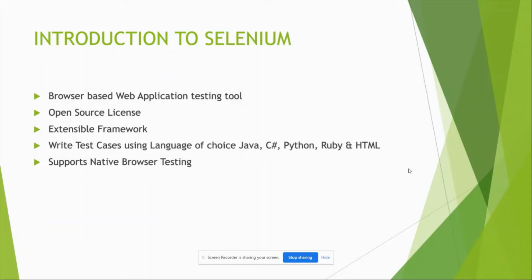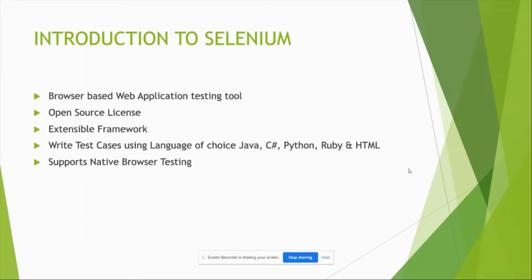So Selenium is open source. It has an open source license, which means it is freeware. It is available on the internet. Anyone can download it, install it, and use this tool. You do not have to pay to use this.